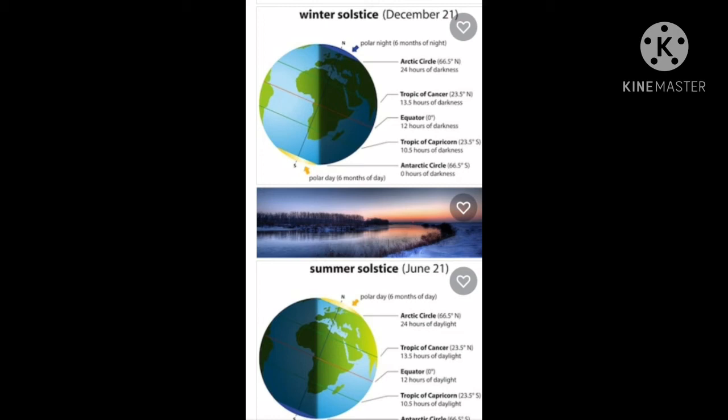Daytime and nighttime in the region from the Arctic Circle to the North Pole. In the region from the Arctic Circle to the North Pole, the sun remains visible for 24 hours or longer. At the North Pole, the sun is visible in the sky from 22nd March to 23rd of September.